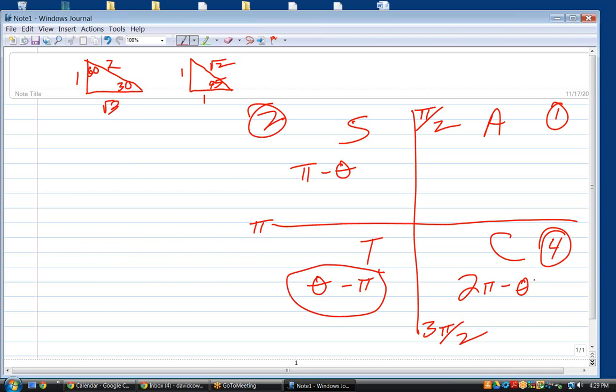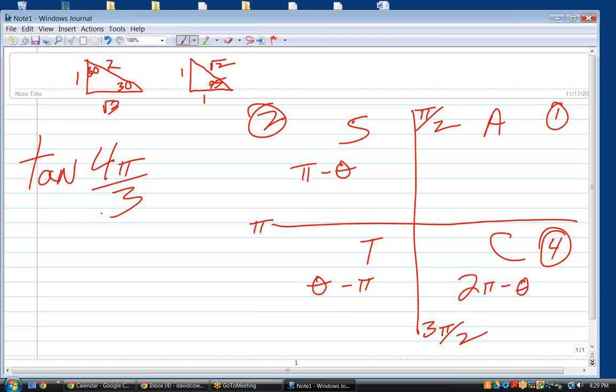It's this formula or this formula. I can make one up if you don't have one. Yeah, I think that's faster. Tangent of 4 pi over 3.